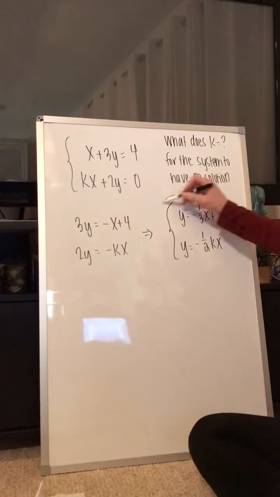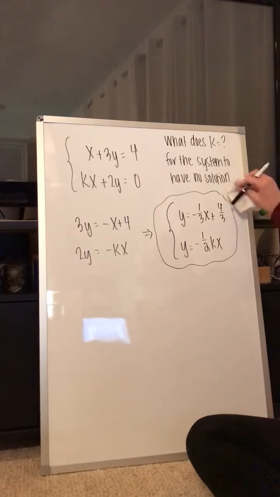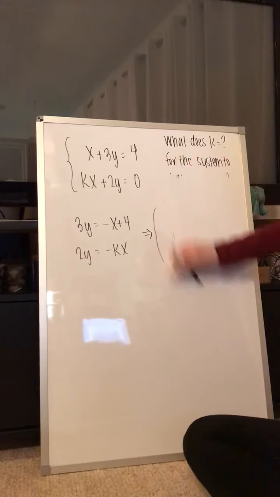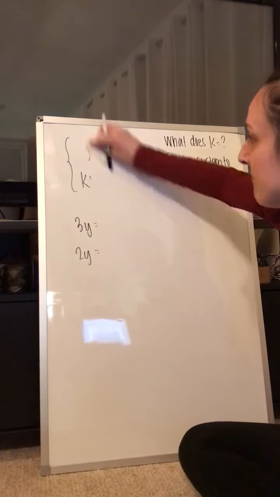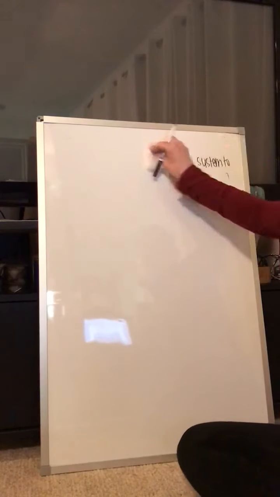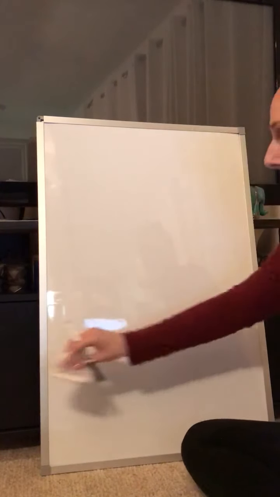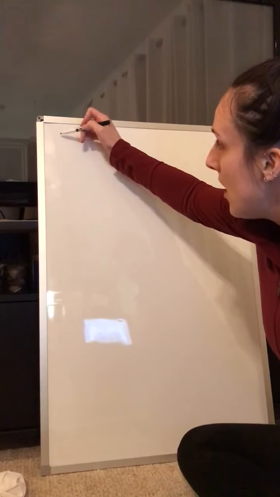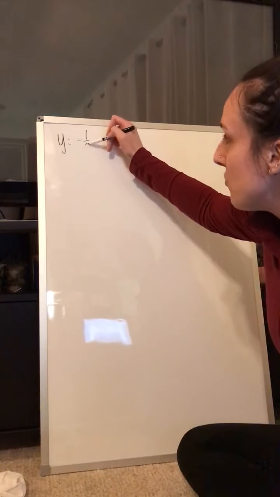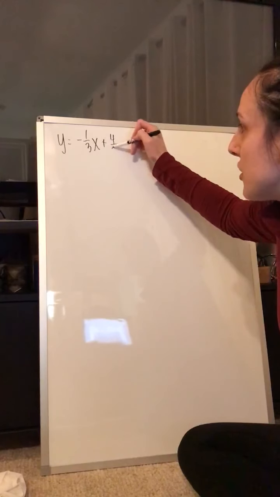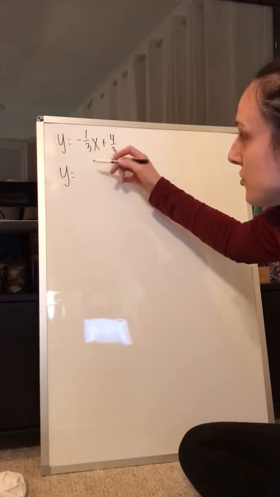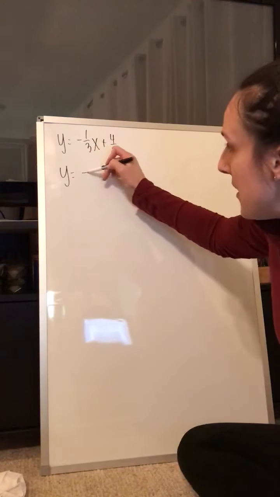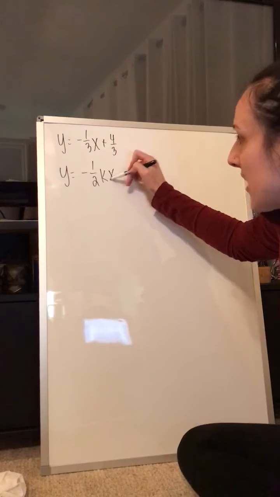I'm just going to erase the board so I have a little more room to work with, but if you need to pause the video and write this down, you can do that. So the system I want, to find the value of k that makes it have no solution, is y equals negative 1/3 x plus 4/3, and y equals negative 1/2 kx.